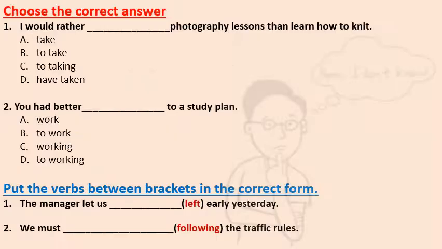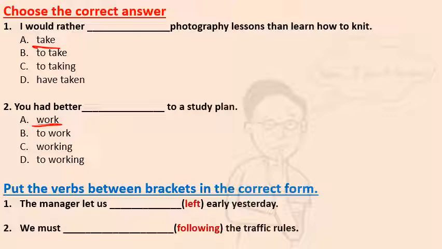Now, check your understanding. Choose the correct answer. I would rather take. Good. Two, you had better work. Wonderful. Bare infinitive. Now put the verbs between brackets in the correct form.